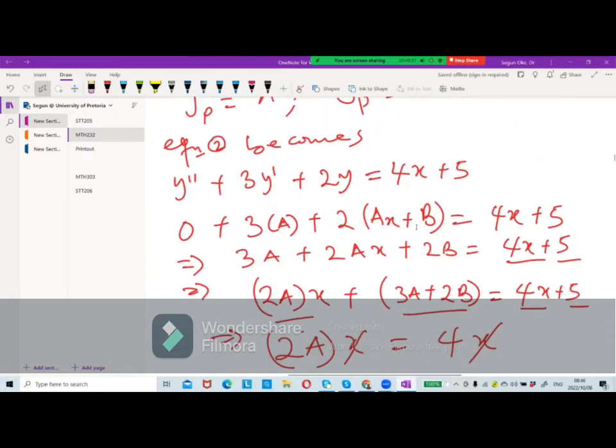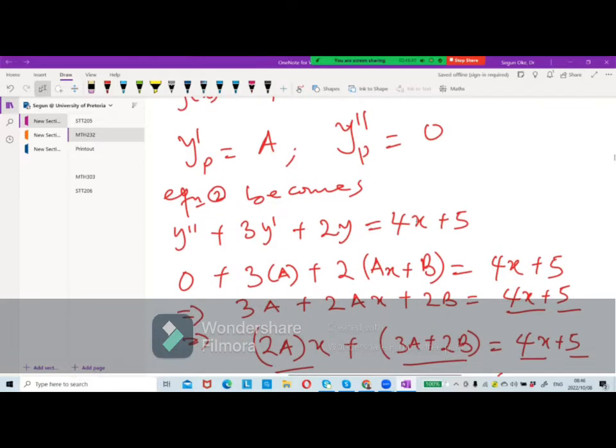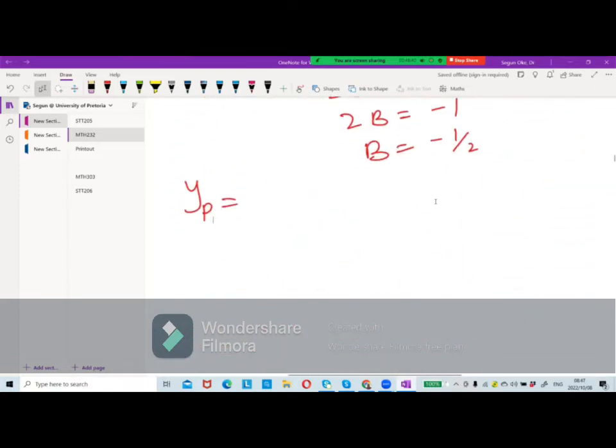That's our yp. Look at it: ax plus b. Now, let's substitute the a and substitute the b.